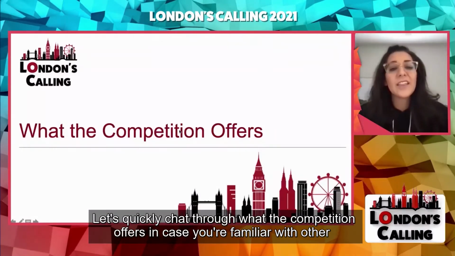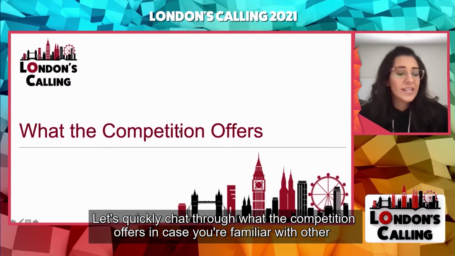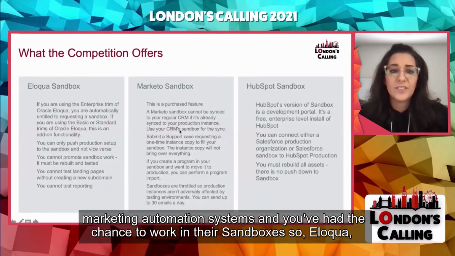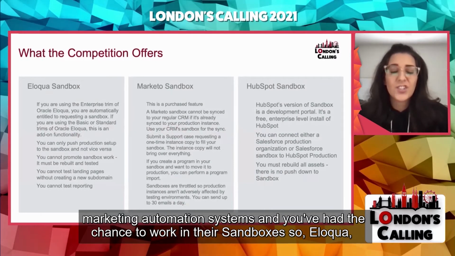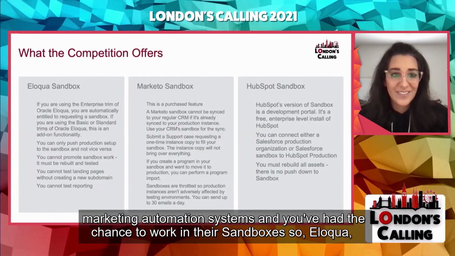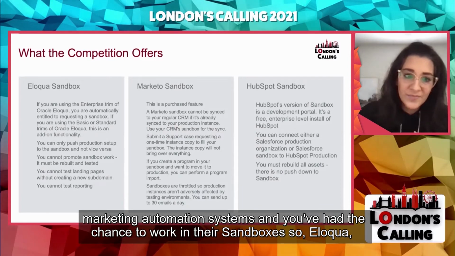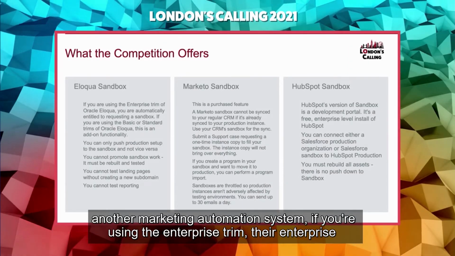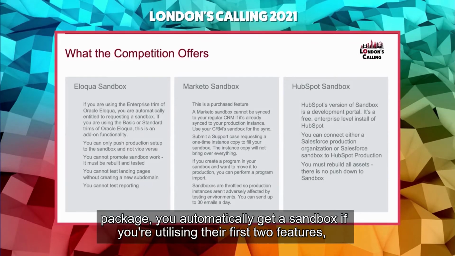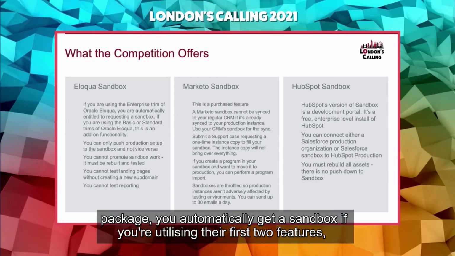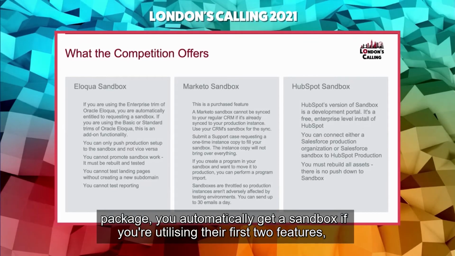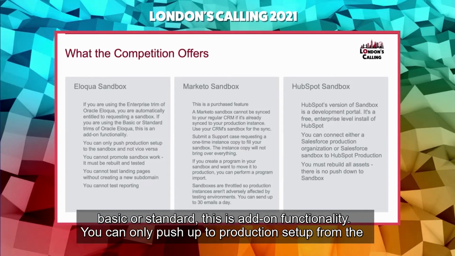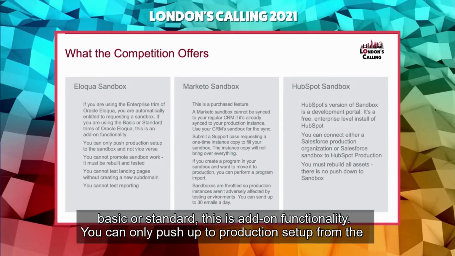Let's quickly chat through what the competition offers in case you're familiar with other marketing automation systems and you've had the chance to work in their sandboxes. So Eloqua, another marketing automation system. If you're using their enterprise package, you automatically get a sandbox. If you're utilizing their first two editions, basic or standard, this is add-on functionality.